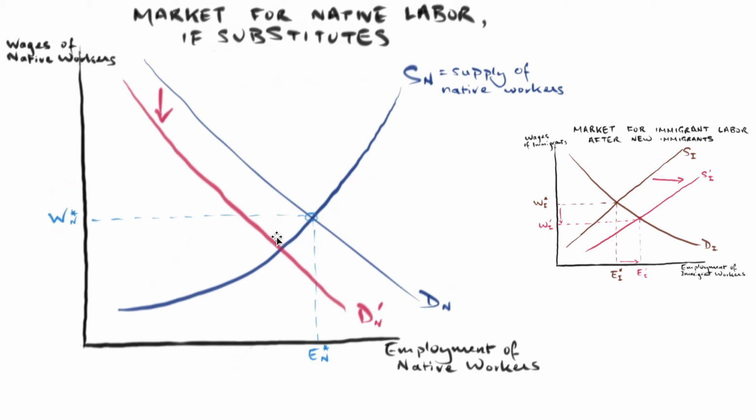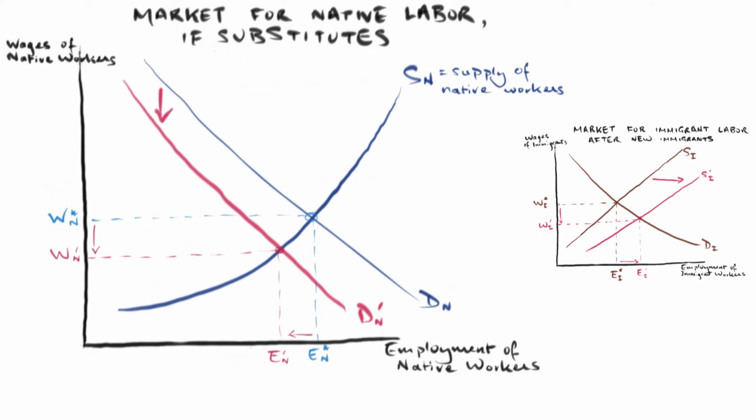Okay, and as a consequence, the equilibrium in the market changes. When demand for native workers falls, there will be a new equilibrium wage paid to native workers, WN prime, and employment of native workers, EN prime. The wages paid to natives fall, and fewer natives have jobs.